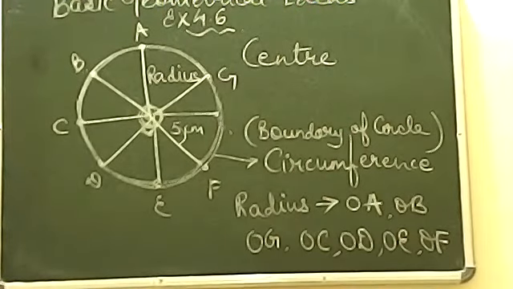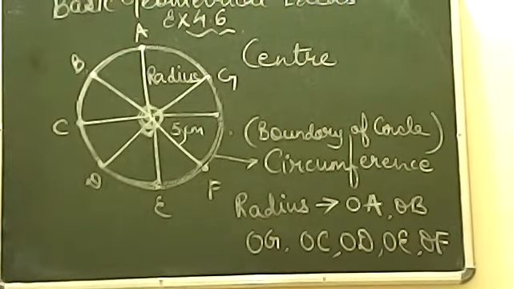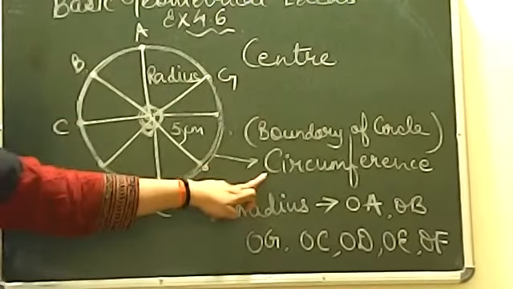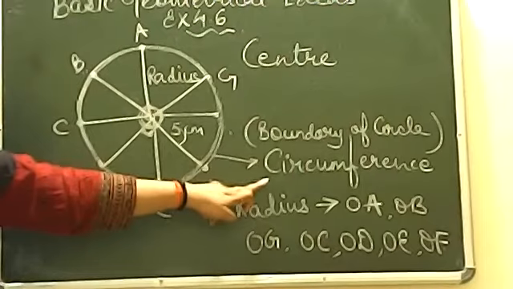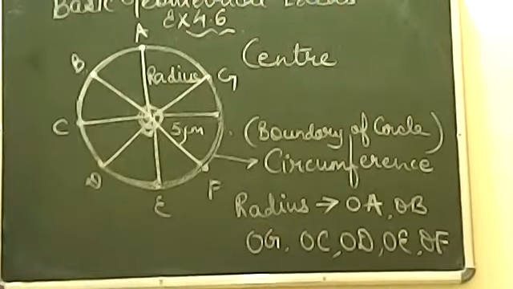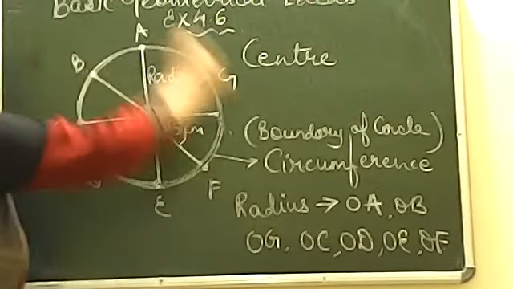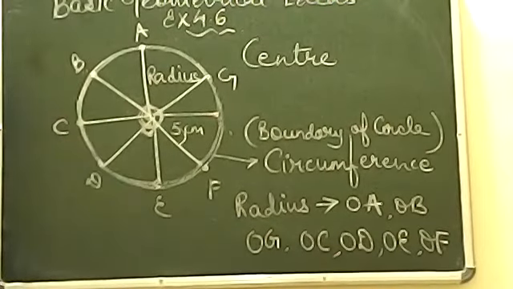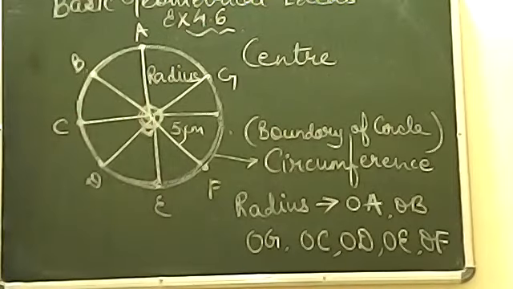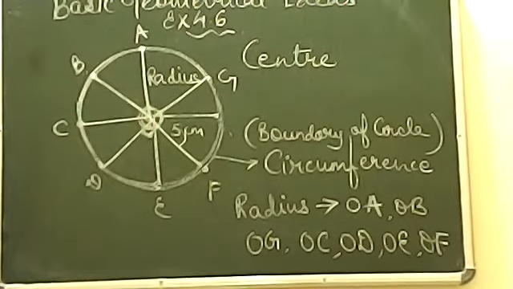ठीक है. So now what we have discussed in this circle: we have discussed center. We have discussed circumference. Circumference means boundary of a circle. Then we have discussed radius. Radius means when you have any point on the circumference and when you join that point from the center of the circle, you will be getting the radius.